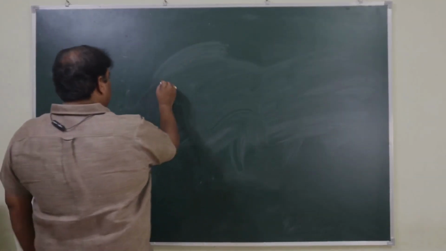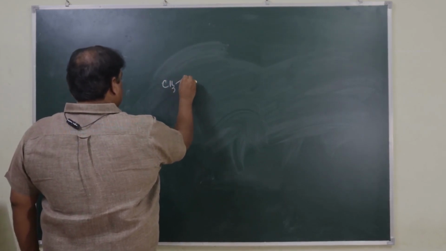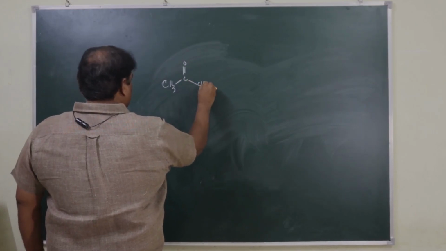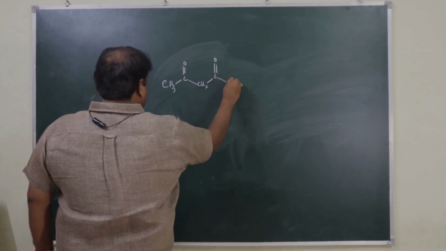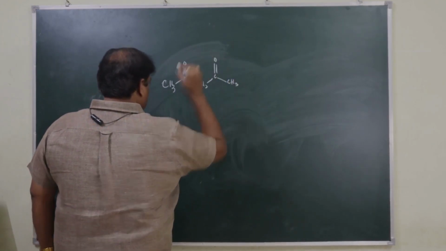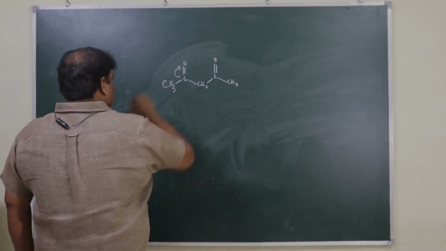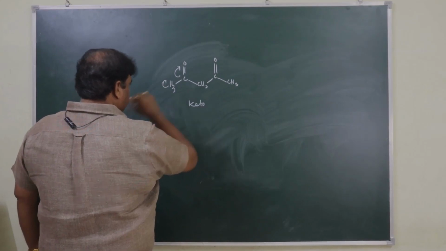This is acetylacetone, CH3-C(=O)-CH2-C(=O)-CH3. It exists in two forms. This is one form, called the keto form.